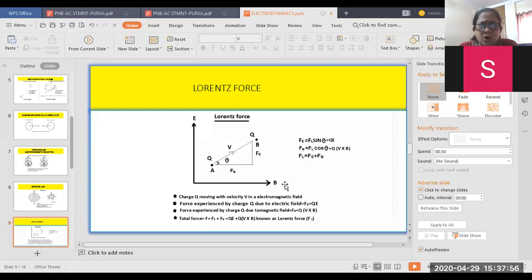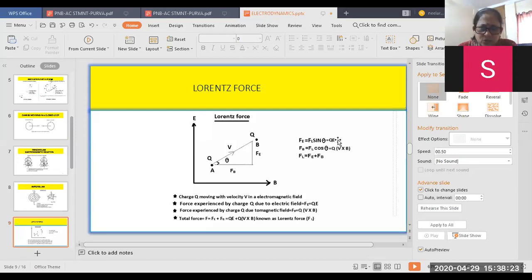Okay. So how to get FE? If I know theta, this is the opposite side of this triangle. So the component will be FL sin theta. FL is this one. V and FL are along the same direction. So this is FL sin theta, or in terms of equations I can write the charge times the electric field, equal to QE.